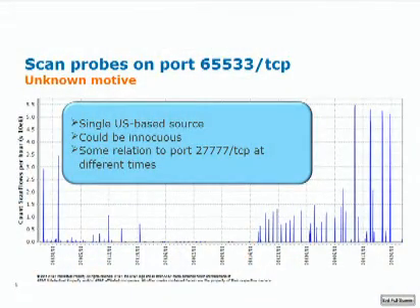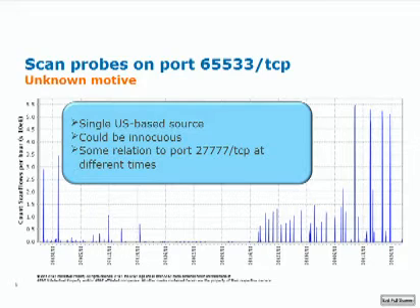Next item is something I don't have a clear motive for, but it is scan probing activity on port 65533. It's basically a single source doing this, so I wouldn't consider it to be any sort of widespread threat. I haven't found any applications clearly associated with that port.